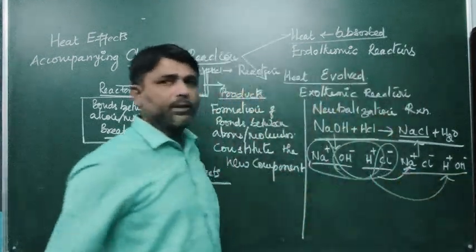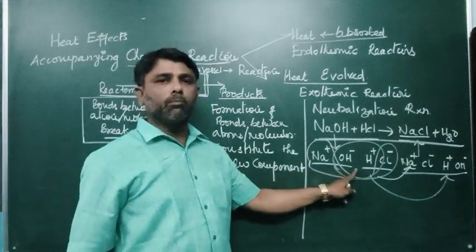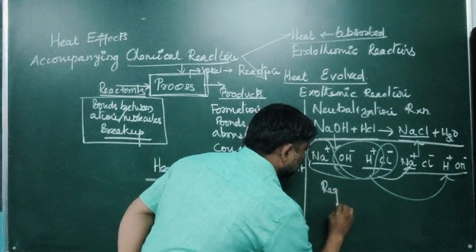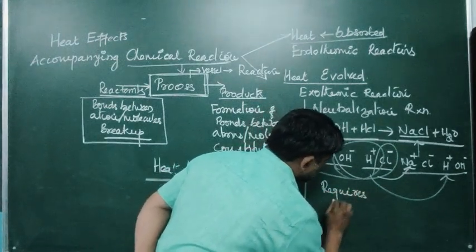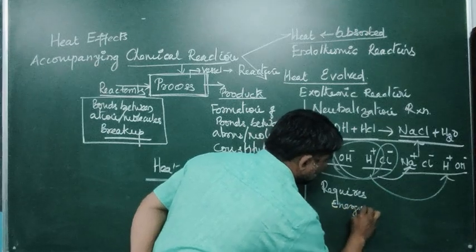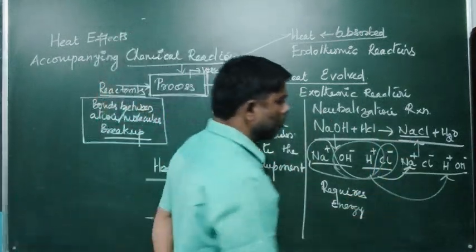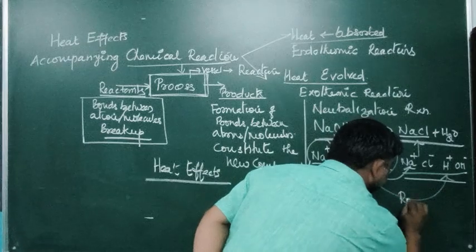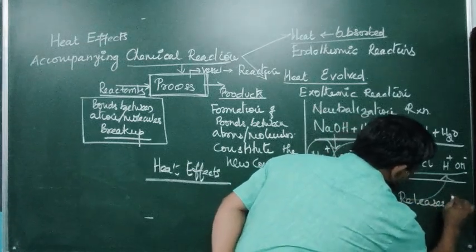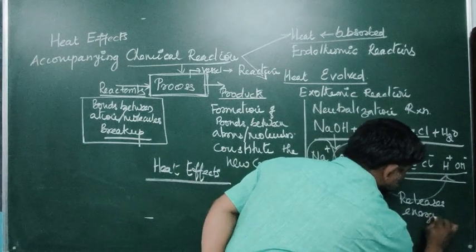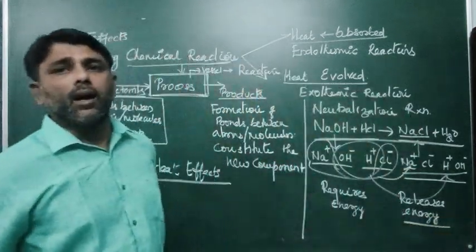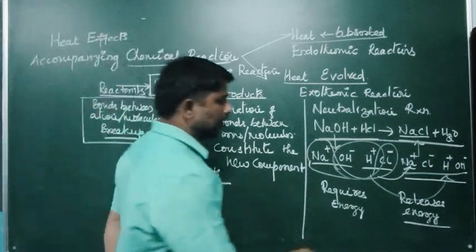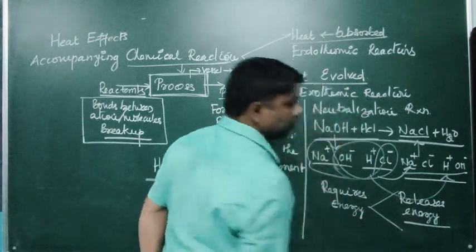What I am trying to say is, during the breakup of bonds, it requires energy. During the formation of the new compound, it releases energy. The amount of energy released in this reaction is much greater than the amount of energy required.